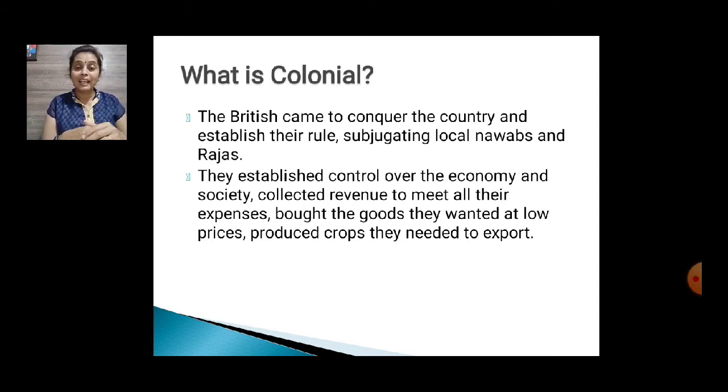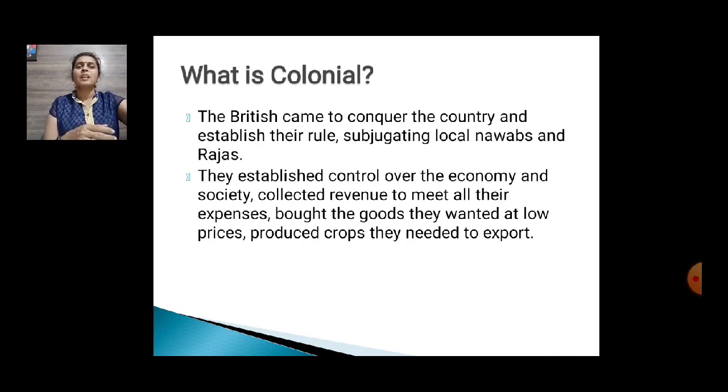So they forced the Indian farmers to grow indigo because it had a huge demand in Europe, and the British used to purchase it from the Indians at low prices, and they used to sell it to the Europeans for a huge price, and thereby they earned profit.